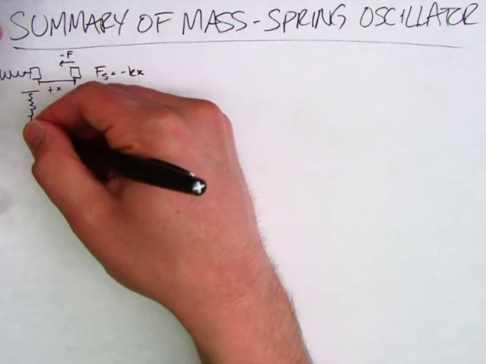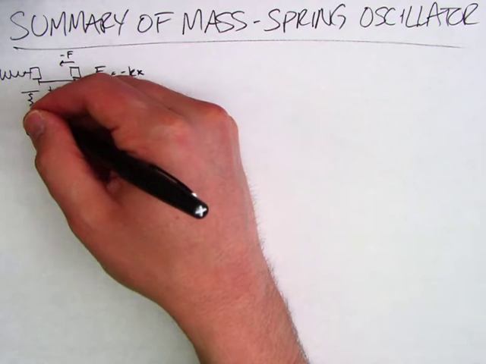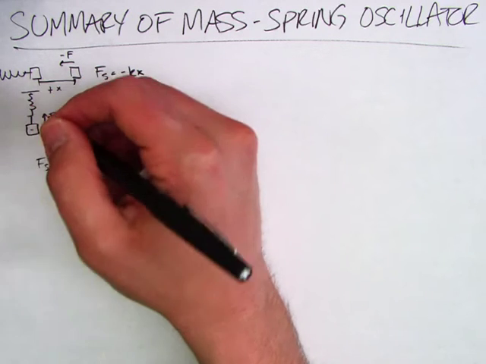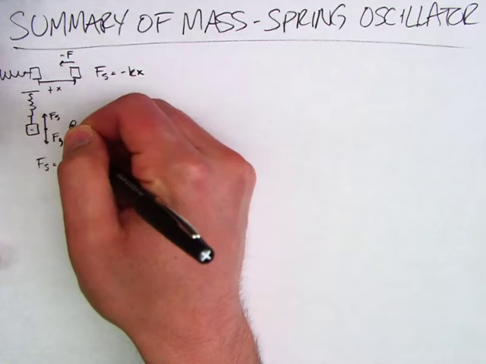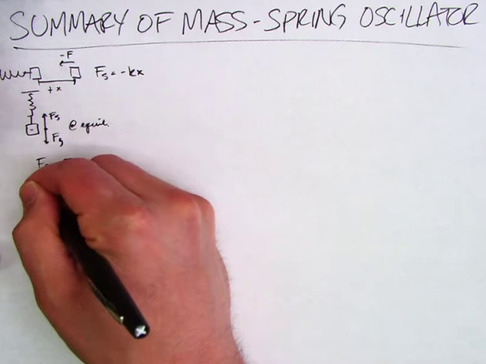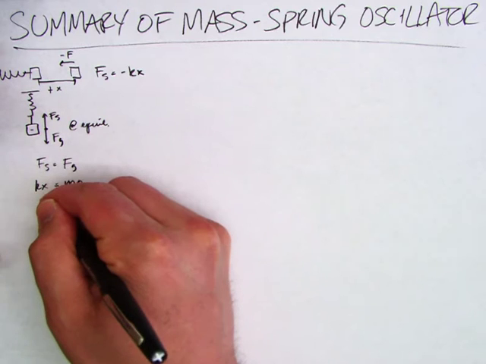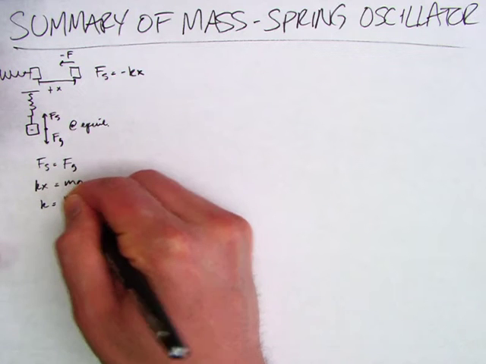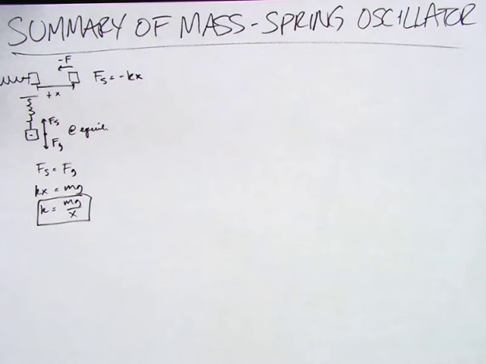If we call down positive, then let me just say Fs minus Fg equals 0, so Fs equals mg. So that k is mg over x. Alright, so we can use that as a way of finding k for vertical oscillating equilibrium.